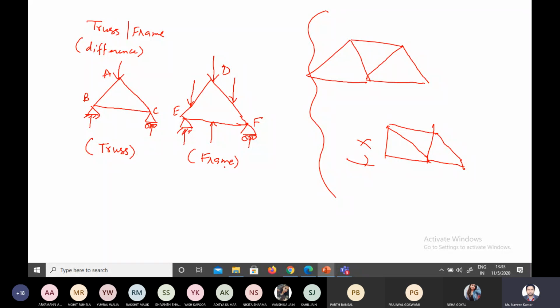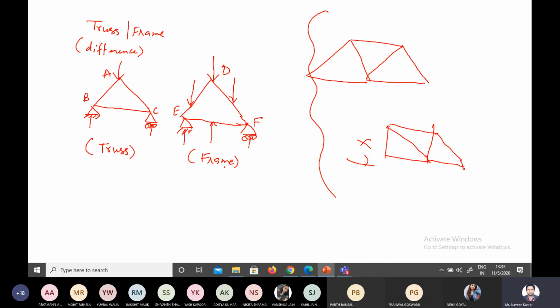So it is clear now. So I can explain you in words also. If anybody asks you, please tell us the difference between truss and frame, then you have to say that in case of truss, load is applied only at the joints. So you can write down in your course register, because this definition can come in examination.